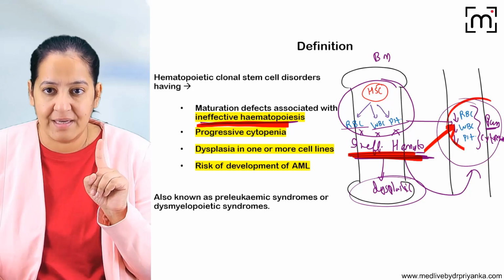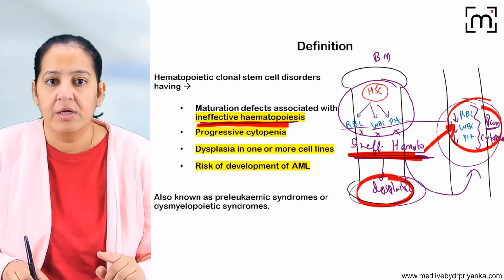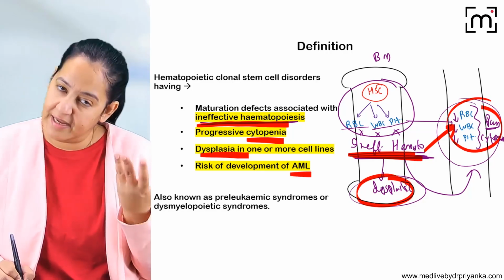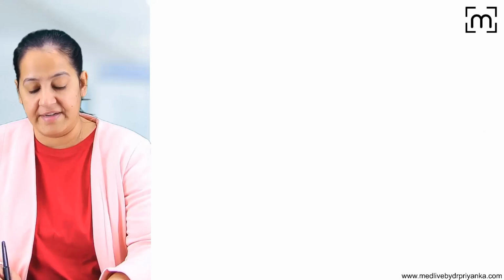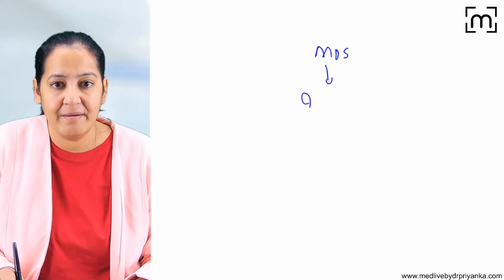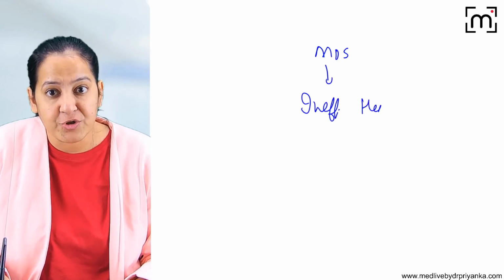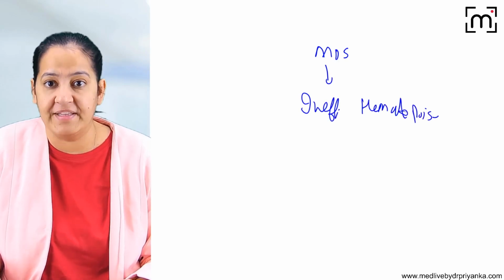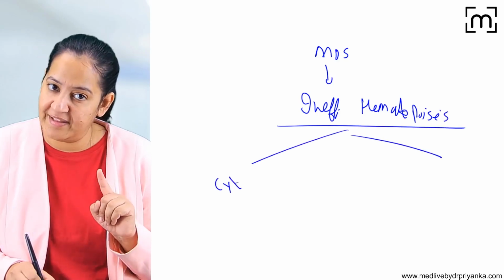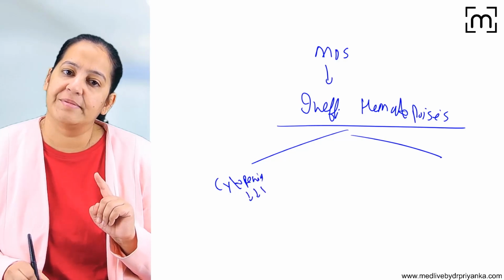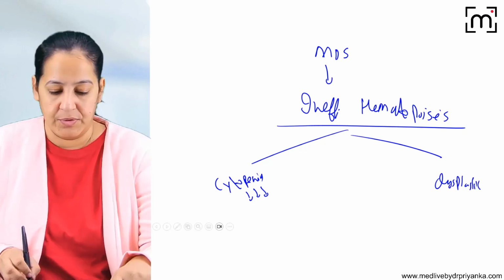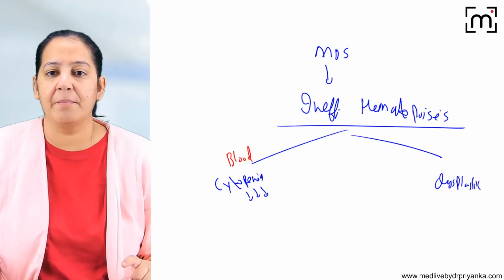Number 1, cytopenias in the blood: less RBC, less WBC, less platelet. Number 2, dysplastic forms in the marrow. So one thing is in the blood and one thing is in the bone marrow. And number 4, there is always a chance that MDS converts into AML. Please learn these 4 criteria of MDS.